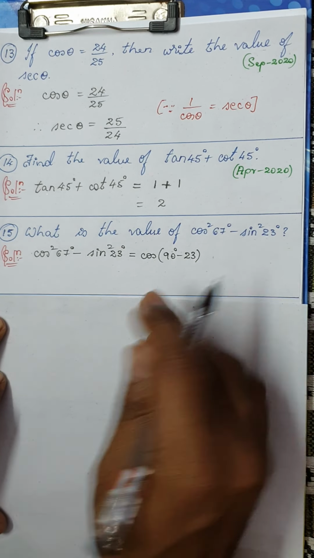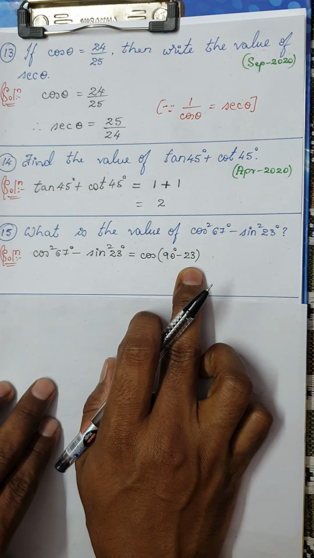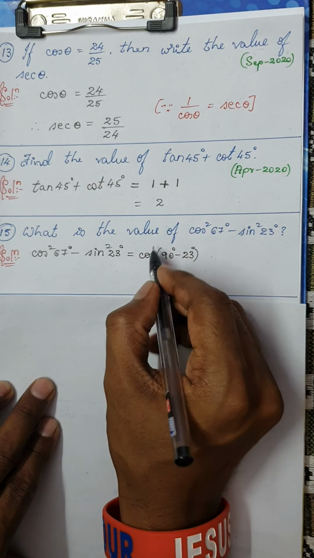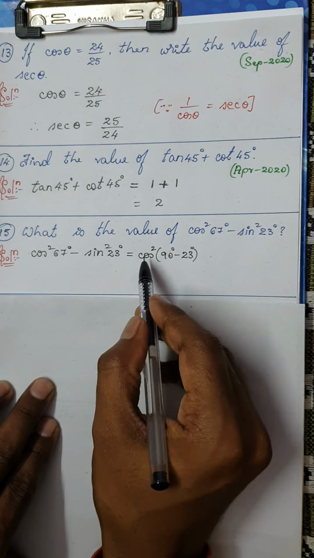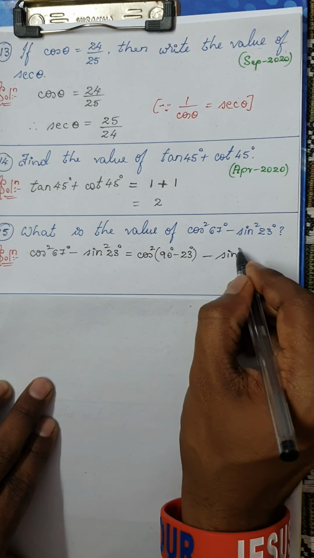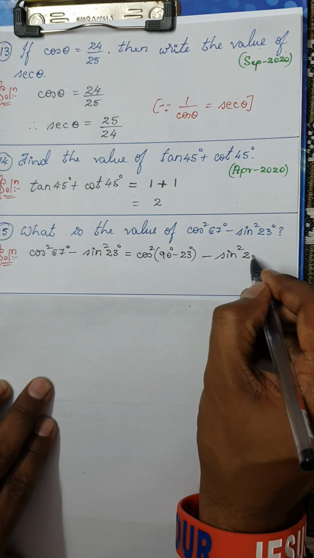You can check and see. So 90 minus 23 will give me 67. So let me keep this square as it is. So cos square of 90 degrees minus 23 degrees minus, I'll keep this as it is, sin square 23 degrees.